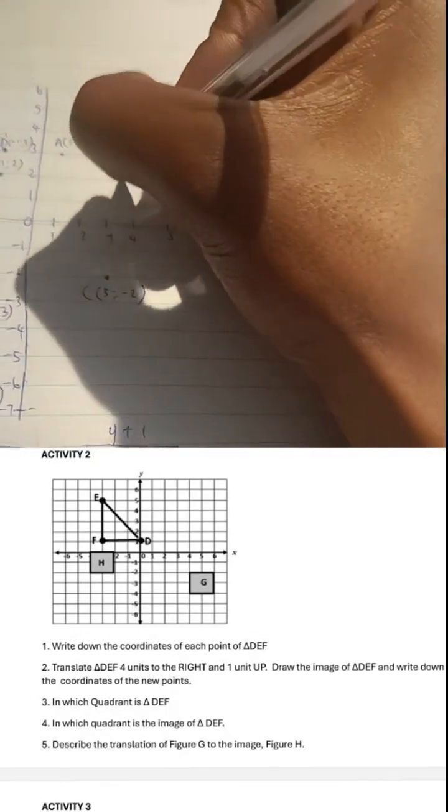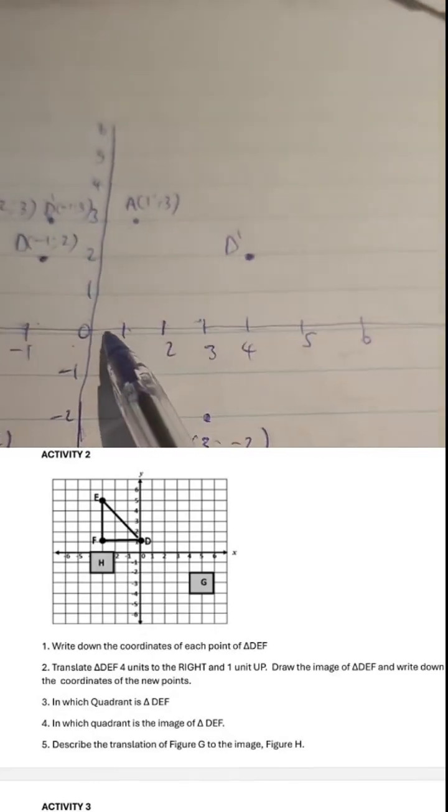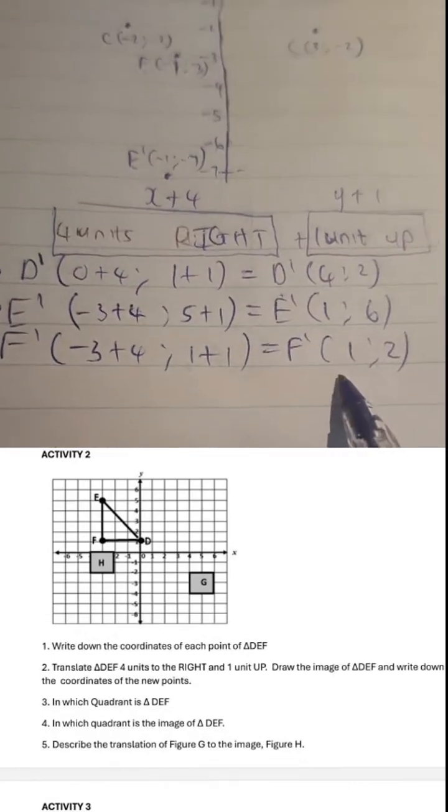That is the image of D. Then we have 1 and 6. That's where we meet here. And then lastly, 1 and 2.